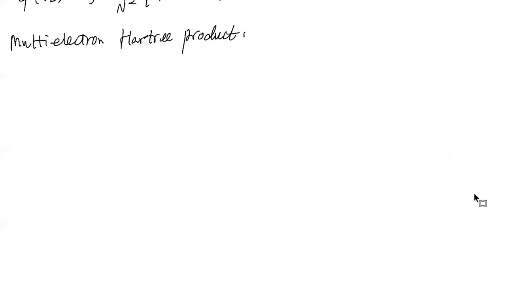So for multiple electrons, a single Hartree product would be a product of phi I of R I, right?